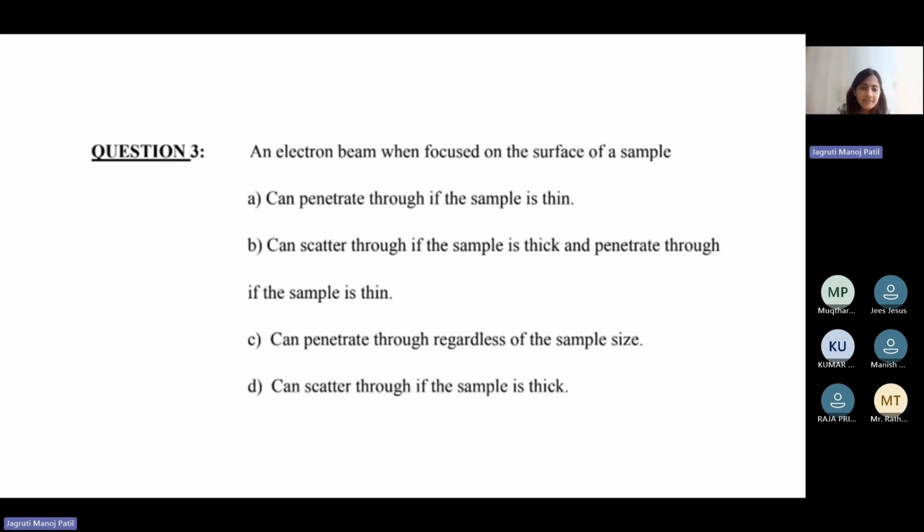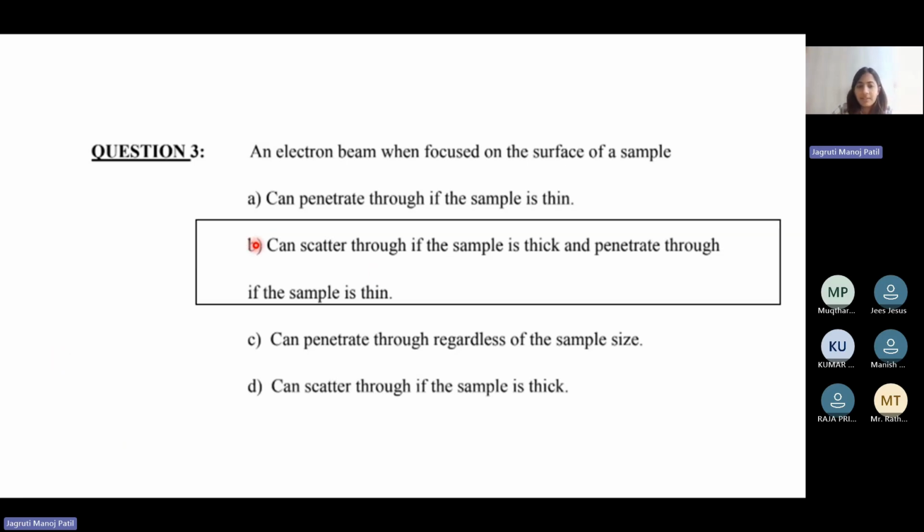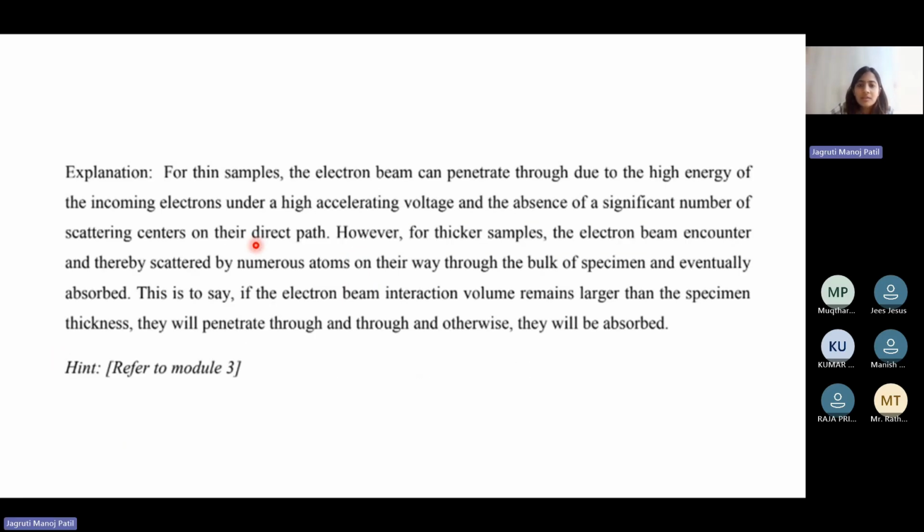Okay, so the answer for this is that it will scatter if your sample is thick and will penetrate if the sample is thin. Okay, let me just take up a pointer here. So the answer for the same is this B. Okay, so how and what happens? Because it will penetrate because of these high energy electrons, and in the absence of these high energy electrons in the direct path, if your sample is thicker, then it will get scattered numerous times and eventually will get absorbed.